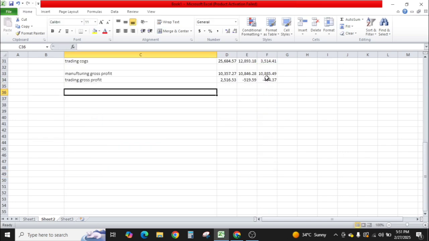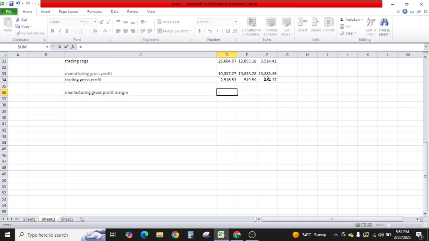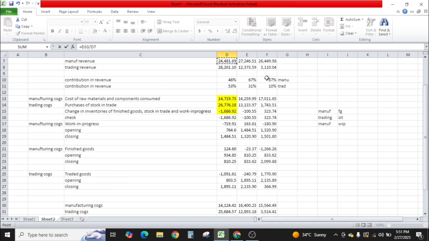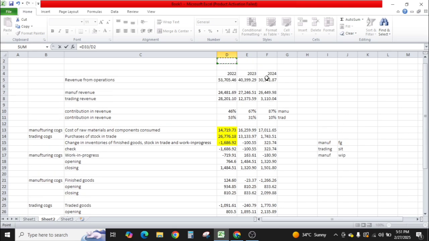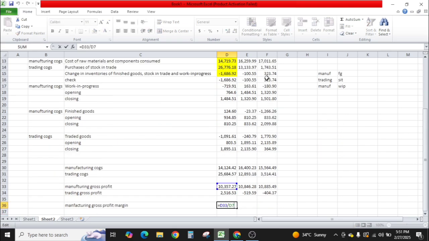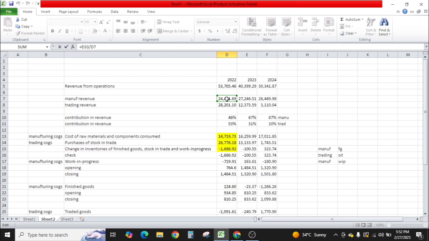Now to find manufacturing gross profit margin and trading gross profit margin, we can easily calculate now. It will be manufacturing gross profit margin, which will be manufacturing gross profit divided by manufacturing revenue.